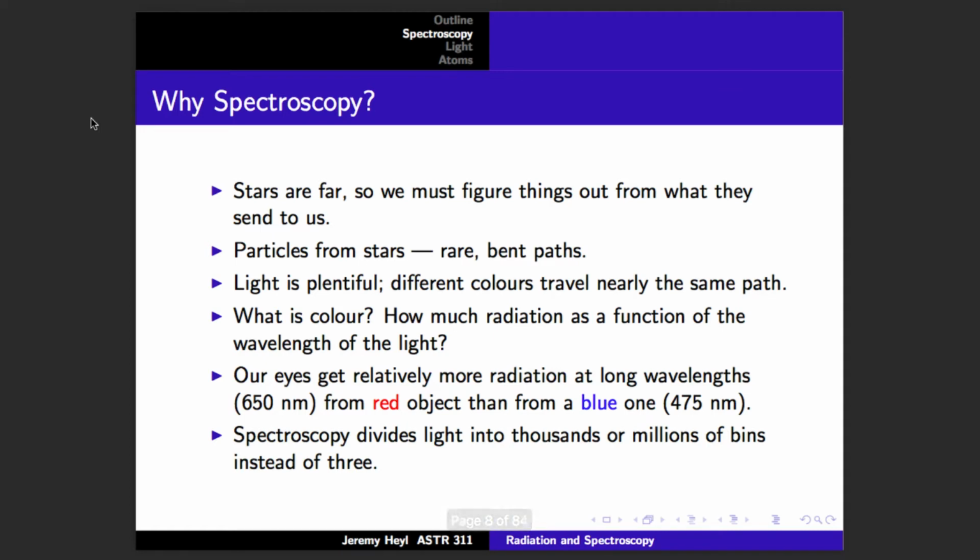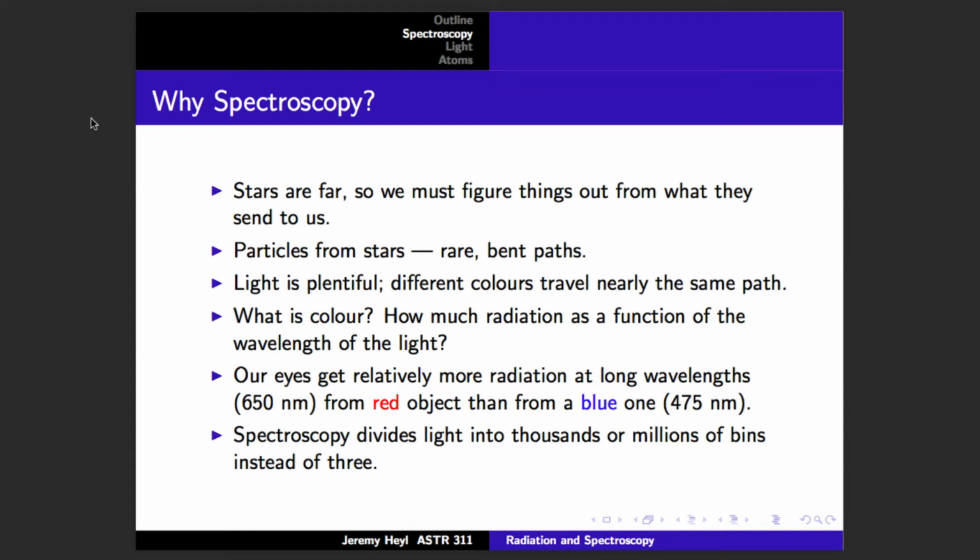There are other types of light that we cannot perceive. There is light that is bluer than blue light, or more violet than violet light, and we call that ultraviolet light. And there's light that's redder than red light, and we call that infrared light. But we can go beyond that.